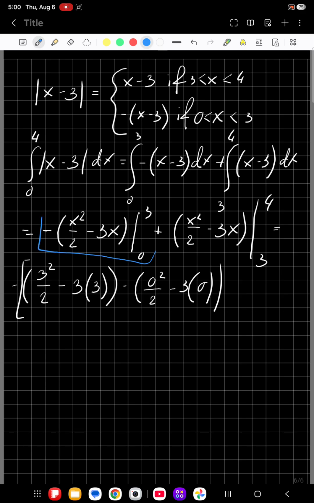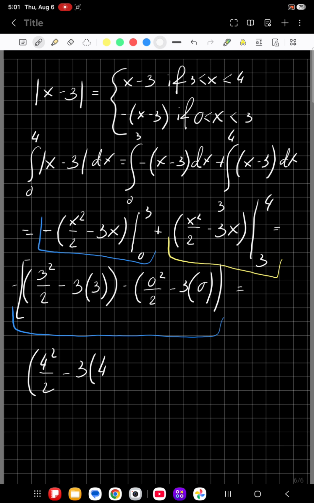This is here. Now this part is going to come next. So now I'm plugging in 4: 4 squared divided by 2 minus 3 times 4, minus, I'm plugging in 3: 3 squared over 2 minus 3 times 3.